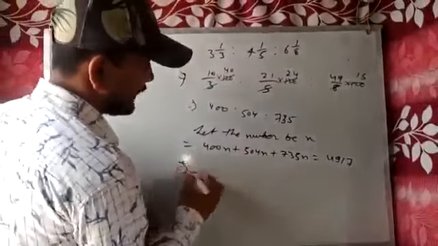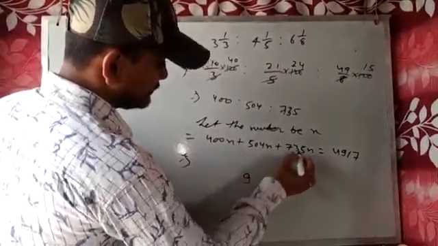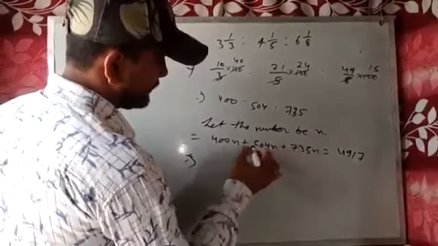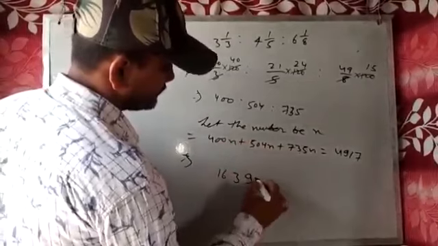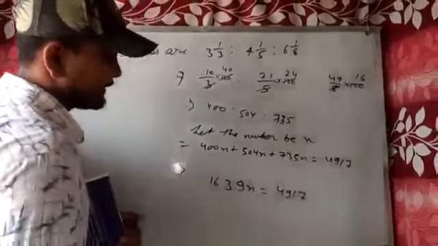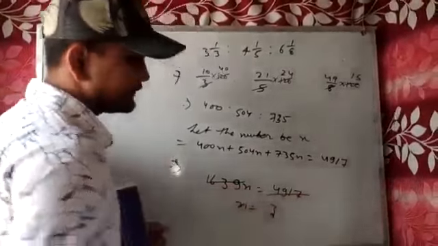Now we have to add it. 5, 4, 9, 3, 7, 5, 12 and 4, 16. So 1639x is equal to 4917. You can cut it by 3 times.